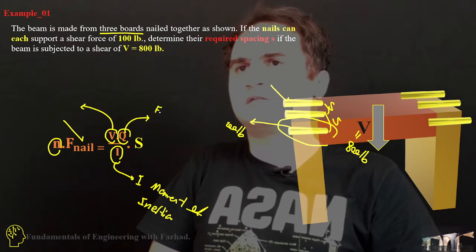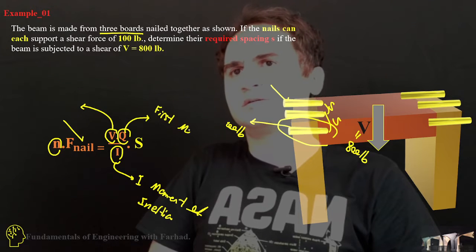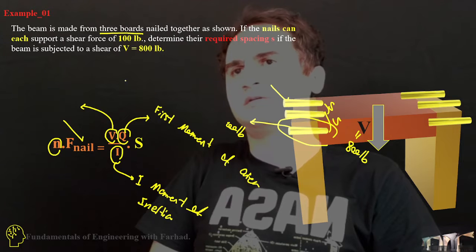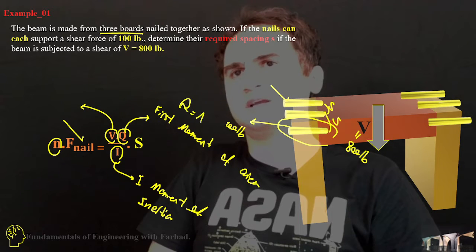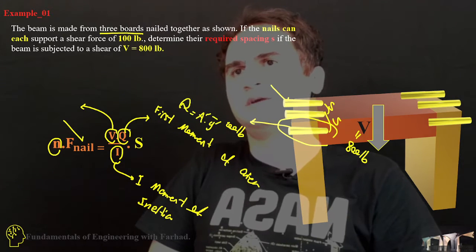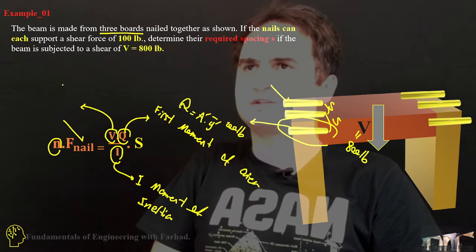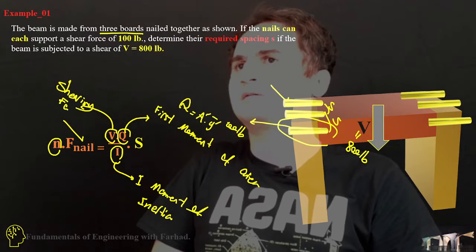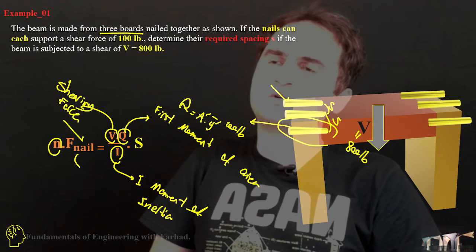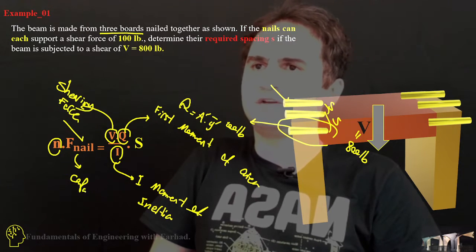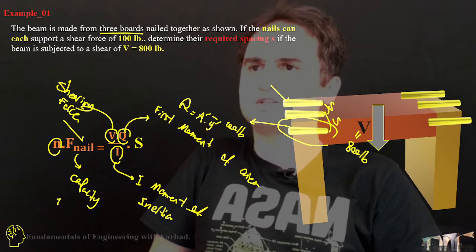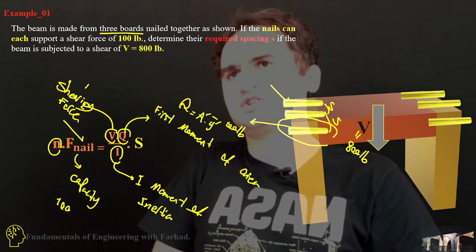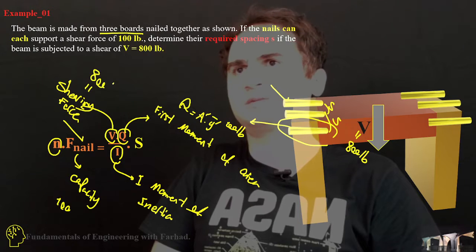The first moment of area, which is Q, is A prime times Y bar prime, and V is the shearing force. The force of a nail is the capacity of each nail, which is provided here, and shear is also 800 pounds based on our problem statement.